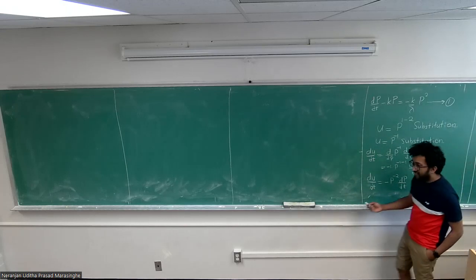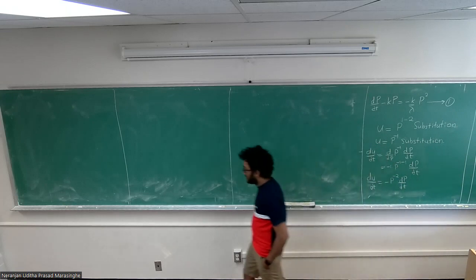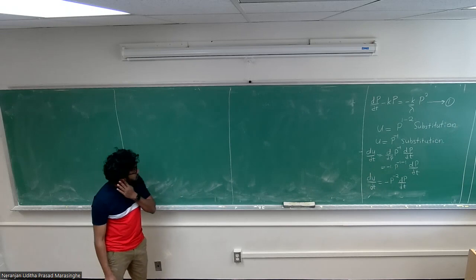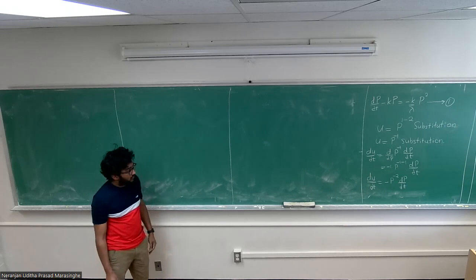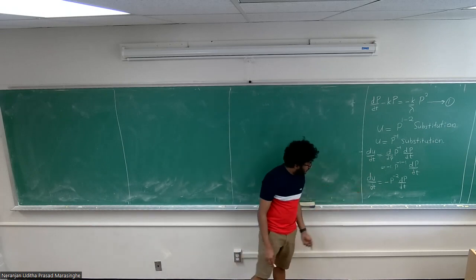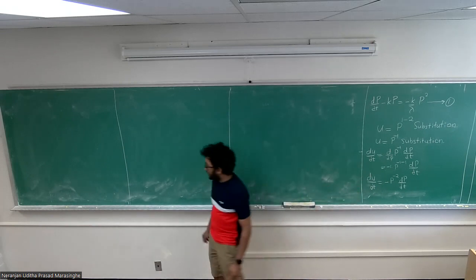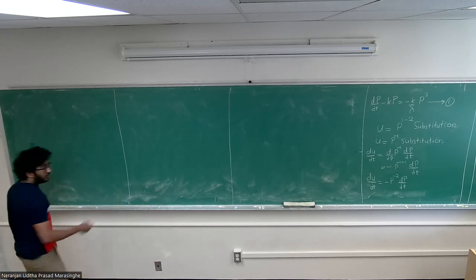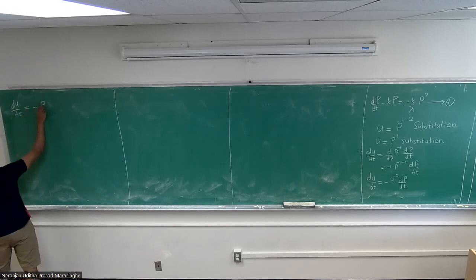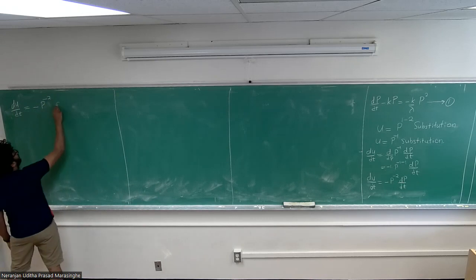Did anyone get the linear differential equation? This is du over dt. So what is dp over dt? I obtained that du over dt is equal to negative p to the negative 2 dp over dt.